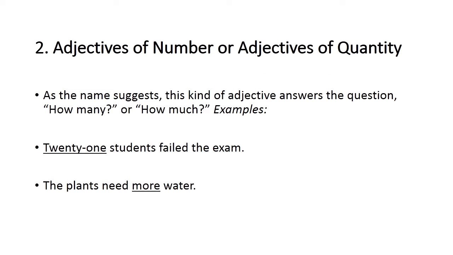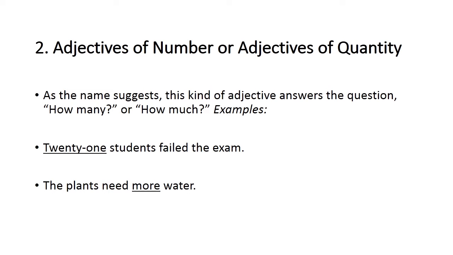Adjective of number or adjective of quantity. As the name suggests, this kind of adjective answers the question how many or how much. For example, 21 students failed the exam. Here 21 is showing the number of students, so it would be called adjective of number.